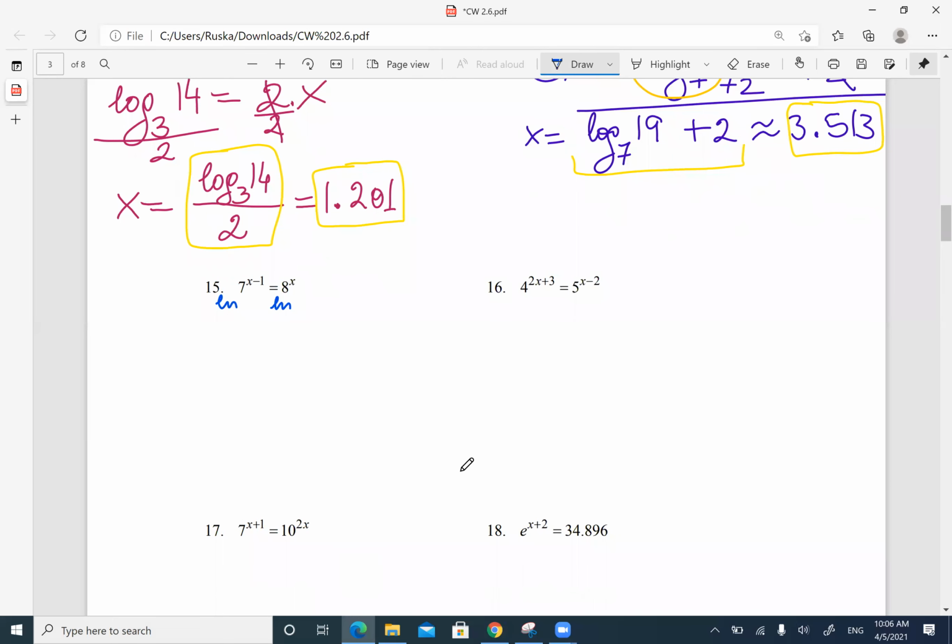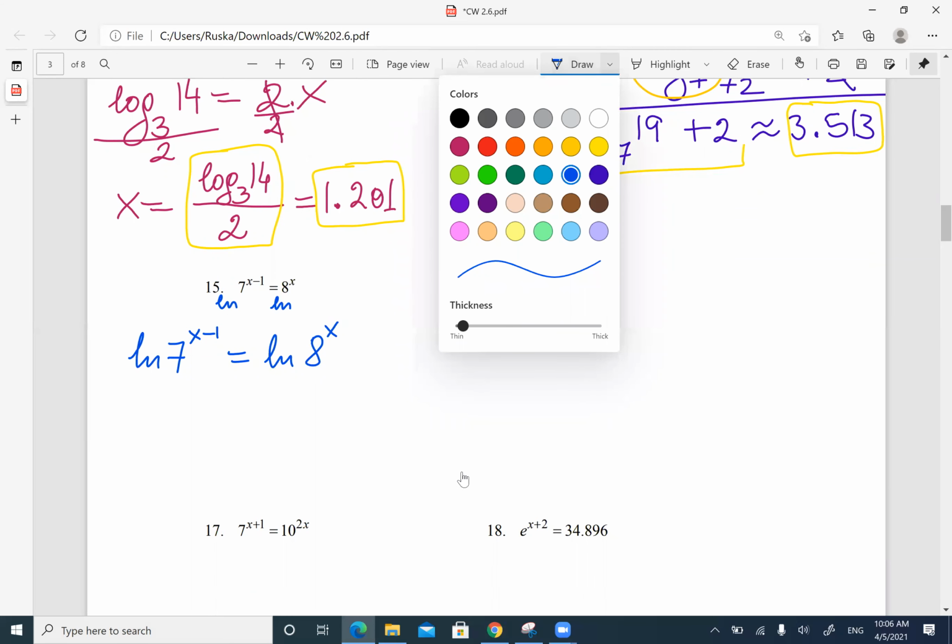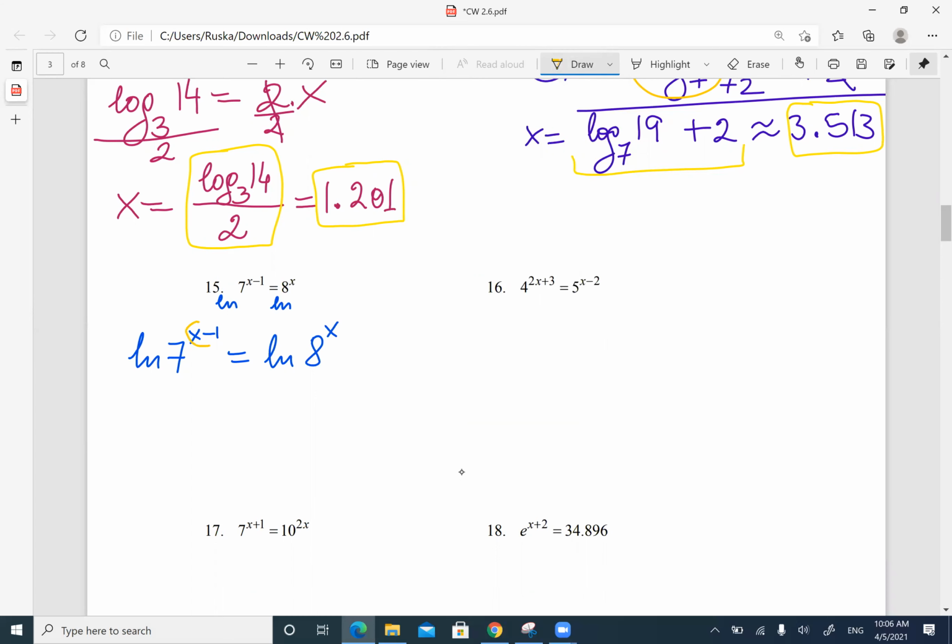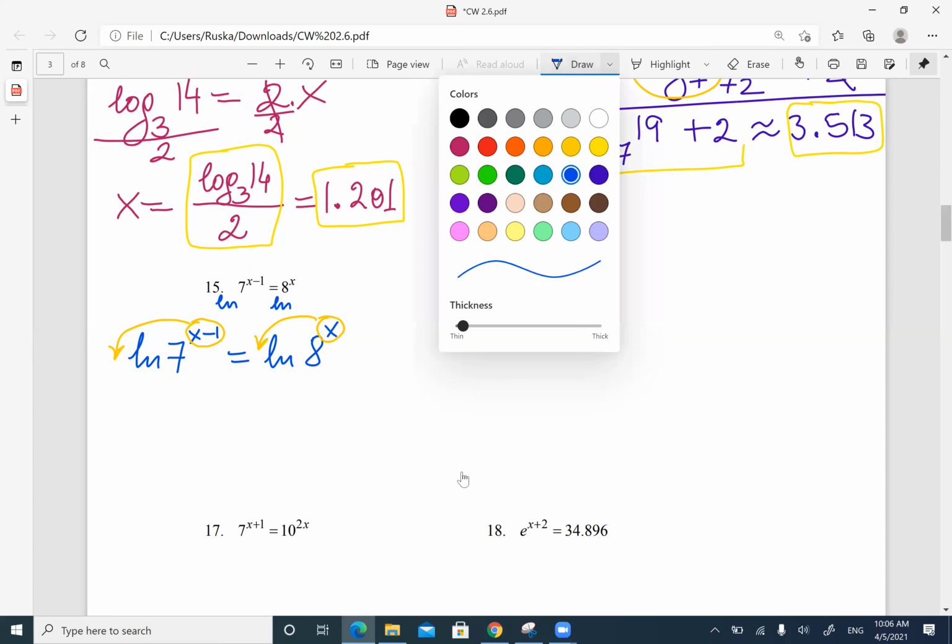When you take ln, we're going to use the property of exponents. So I'm going to rewrite it: ln of 7 with exponent x minus 1 equals ln of 8 to the x. We're going to take this exponent and move it in front, and then distribute from there.